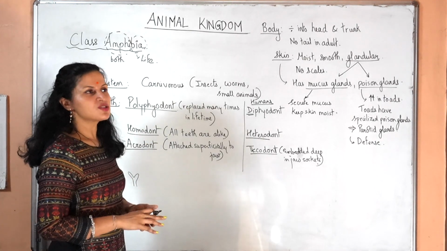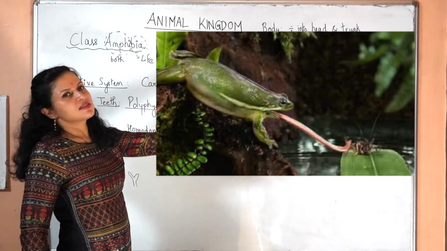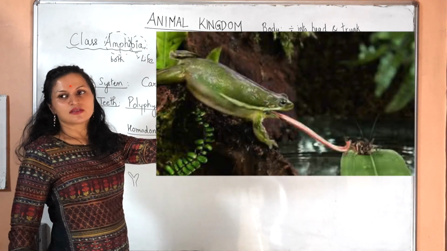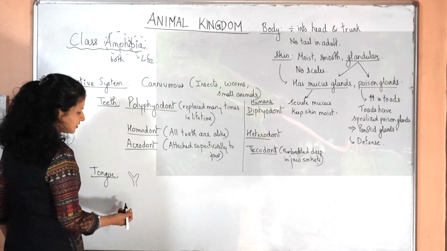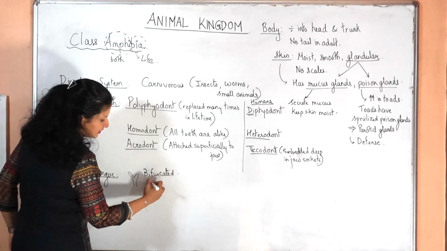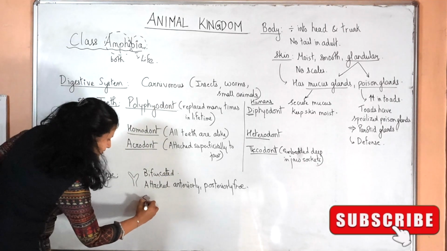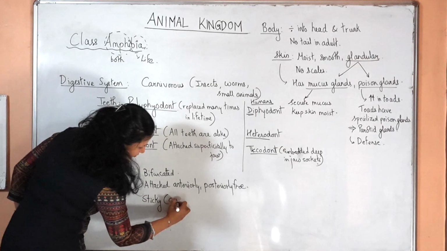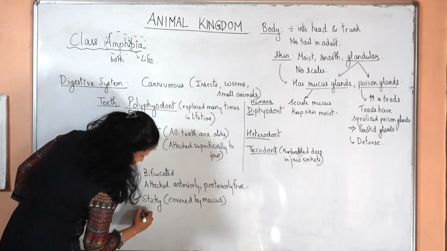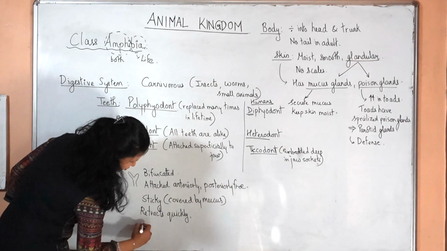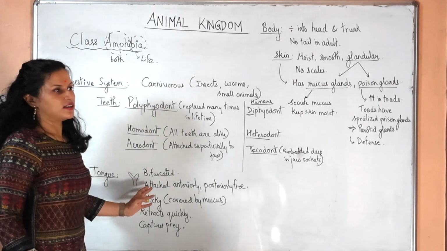Very sticky mucus, so when it rolls out, it will stick that insect on its tongue and bring it back. So the tongue is bifurcated, attached anteriorly, posteriorly free. It is sticky because it is covered by mucus and it retracts very quickly. Captures prey. Awesome type of tongue it has.